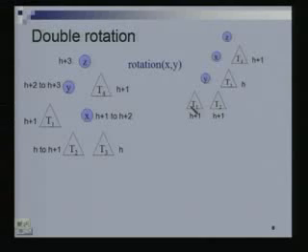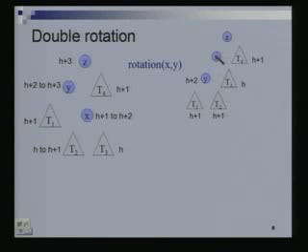Everyone with me? I have just copied the same heights. T1 has height h plus 1, T2 has height h plus 1, T3 has height h, T4 has height h plus 1. No difference. Is this height balanced? Height of y is h plus 2, because both of these have height h plus 1.